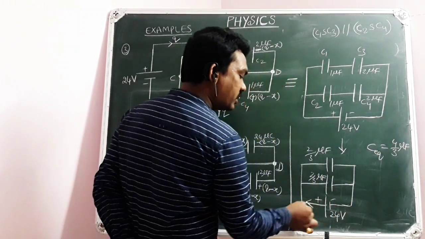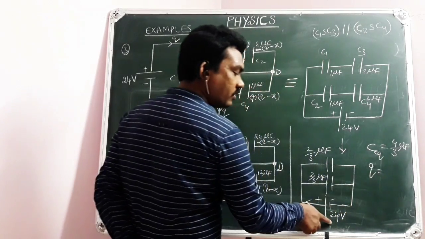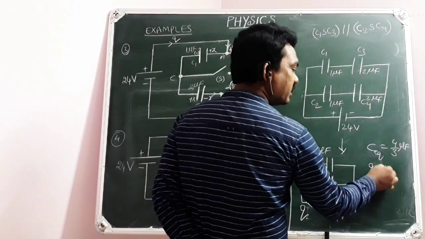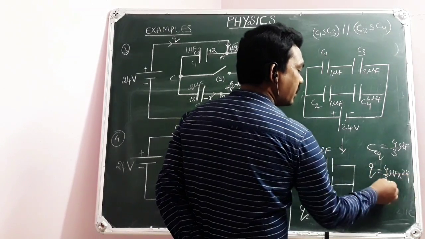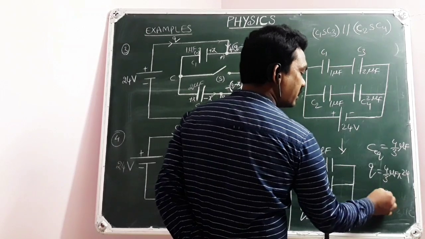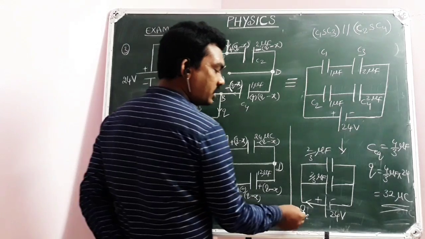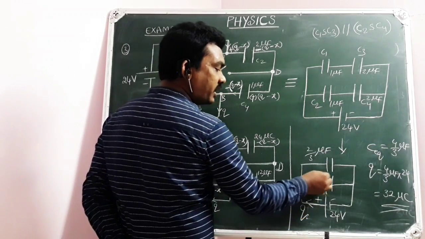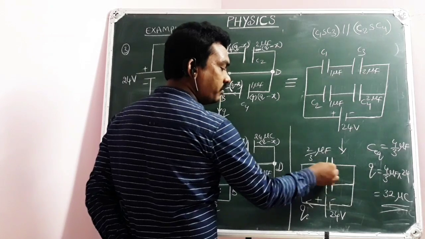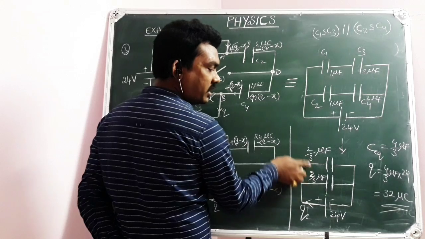Now the total charge drawn in the electric circuit, Q is equal to C into V. V is 24, C is 4 by 3. So 4 by 3 into 24: 8 times 4, 32 microcoulombs. So the total charge drawn, 32 microcoulombs, will be distributed across this parallel combination in the ratio of the capacities, which are equal, so 1 is to 1.